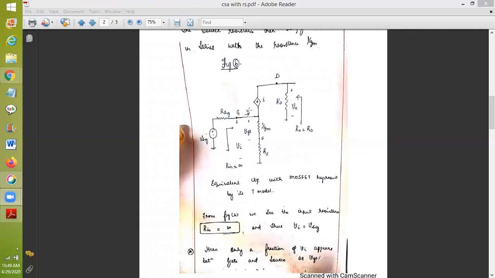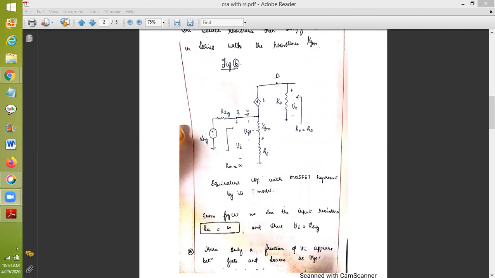Why have they shown this as 0? Because the gate resistance is very, very high, so the gate current is considered as 0. The current flows from drain to source, so they indicate it with this dependent source. And in the T model, you represent this resistance as 1 divided by gm.